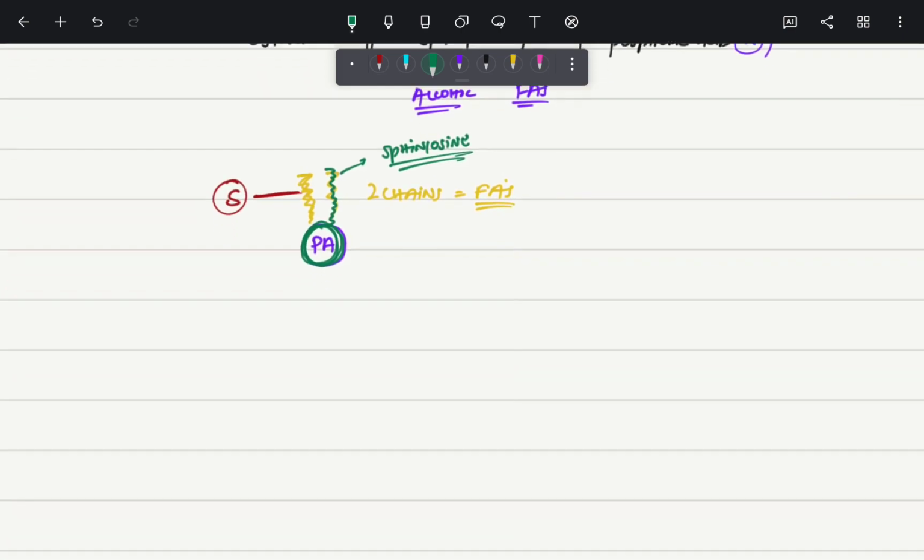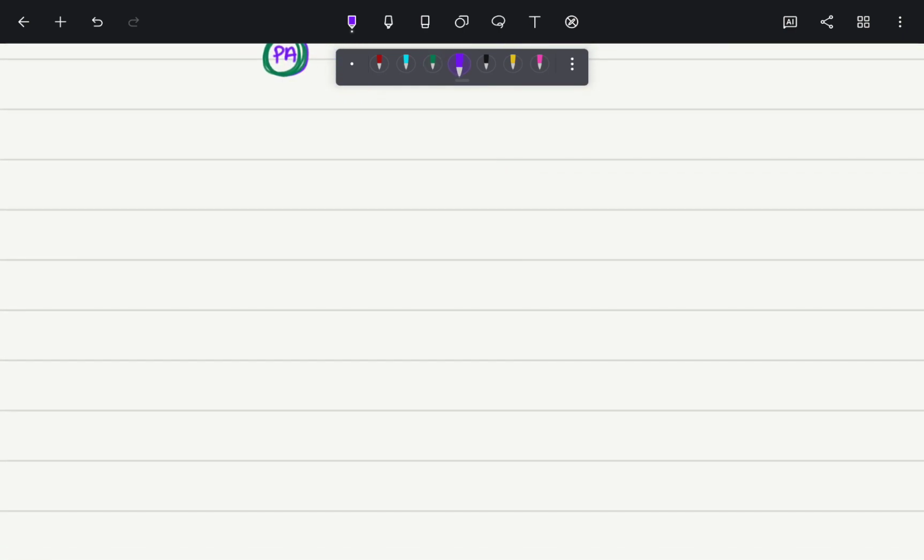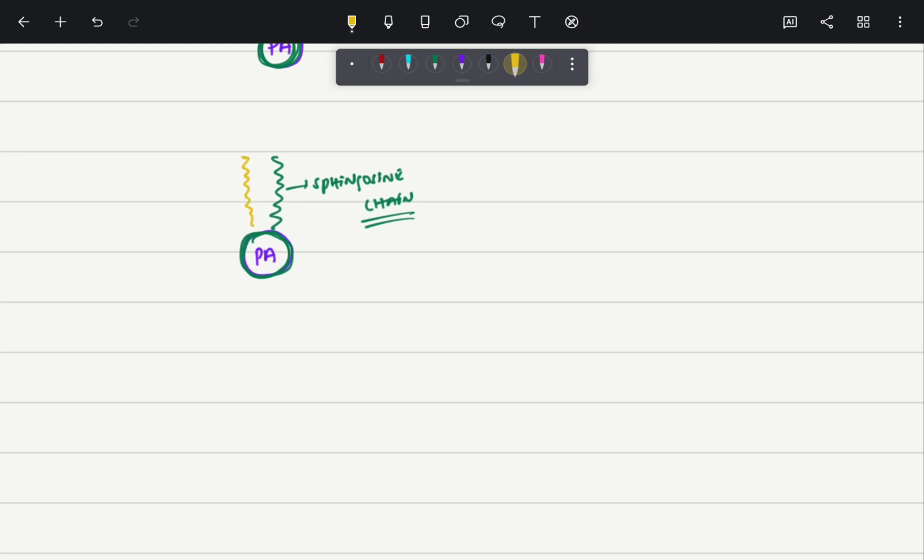Once again, in sphingolipids, usually the phosphoric acid will eventually get esterified, and this esterified phosphoric acid will form a sphingosine chain. And aside from that, it will have a fatty acid.